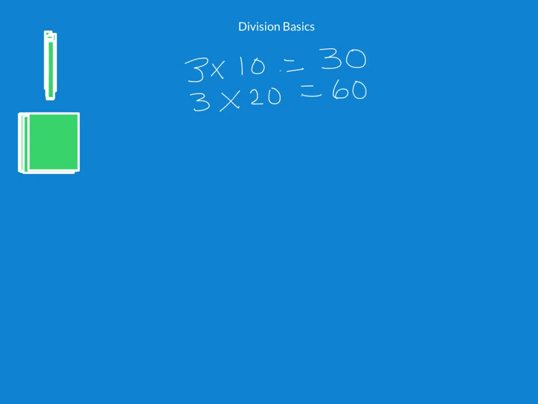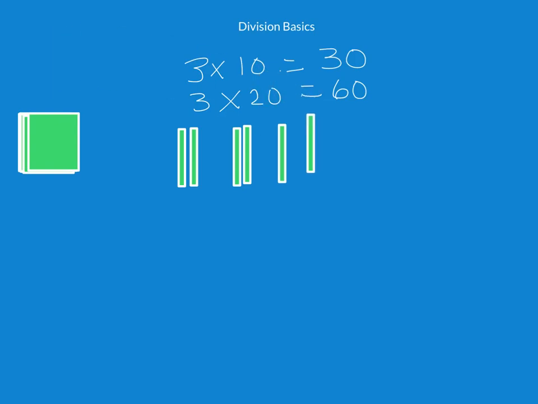And you might think about that as here is 1 group of 2 tens, here is 2 groups of 2 tens, and here is your 3 groups of 2 tens. So when you multiply, you want to know how much there is altogether. So 10, 20, 30, 40, 50, 60.